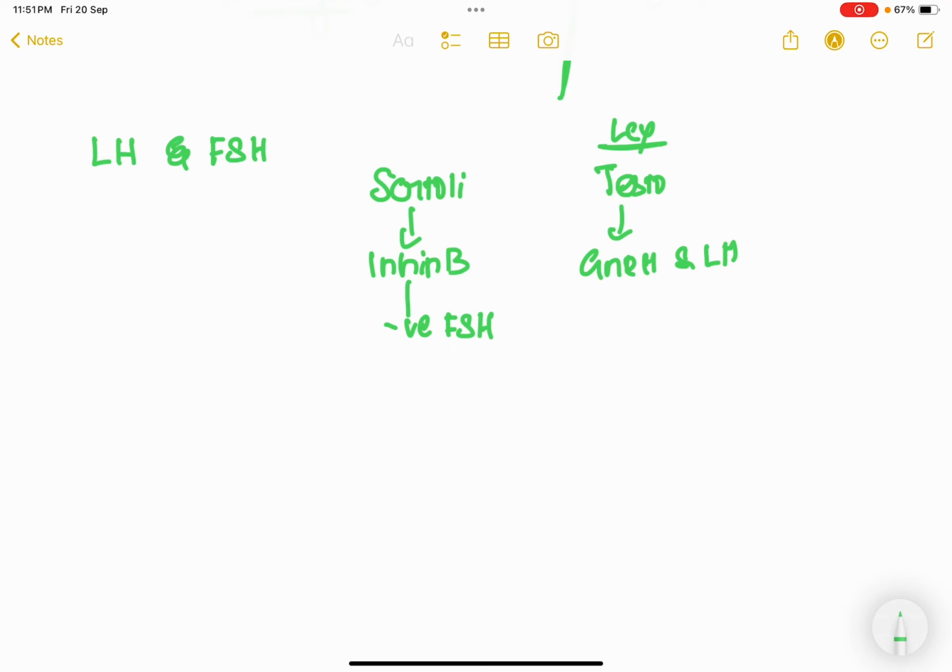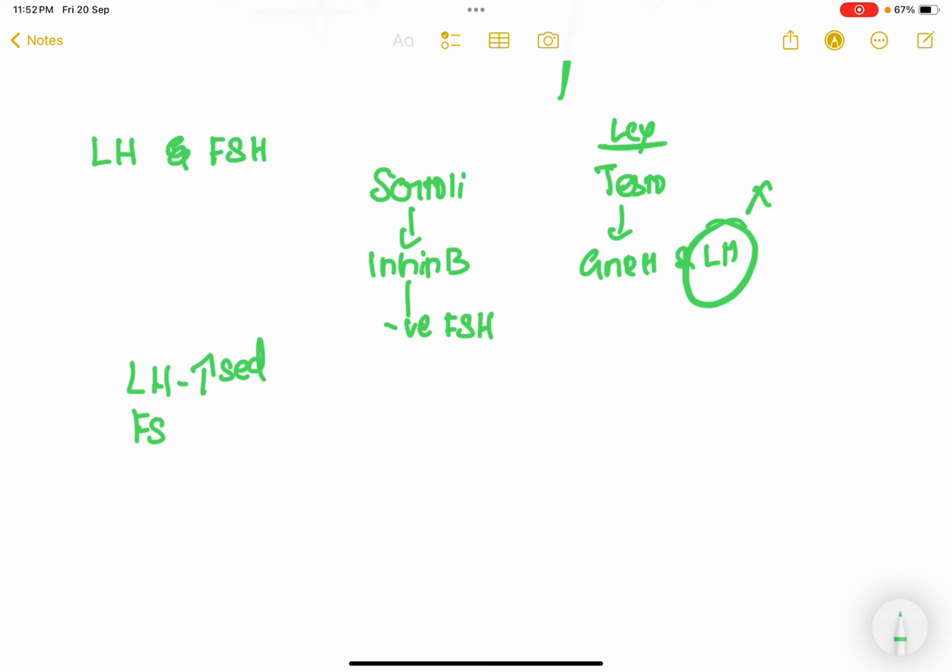So in these patients, how is it going to be? It is very important. Since these patients are resistant to the testosterone that is present, the negative feedback testosterone has on the LH is going to be lost. Since that negative feedback is lost, the LH level is ideally going to be increased.